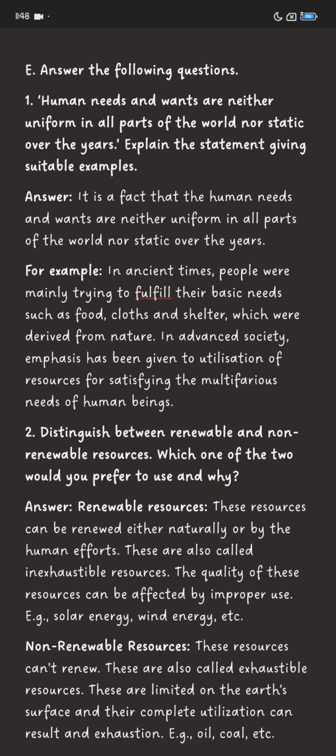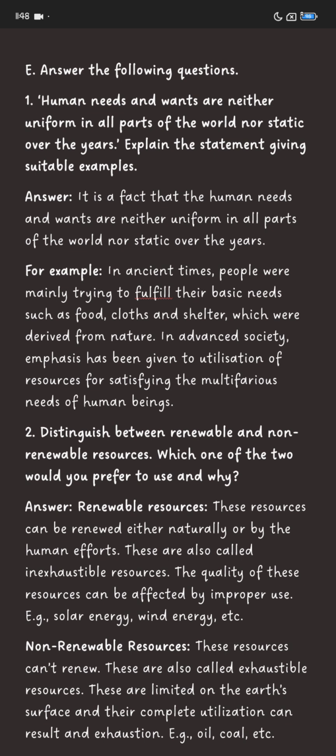For example, in ancient times, people were mainly trying to fulfill their basic needs such as food, clothes, shelter, which were derived from nature. In advanced societies, emphasis has been given to utilization of resources for satisfying the multifarious needs of human beings.